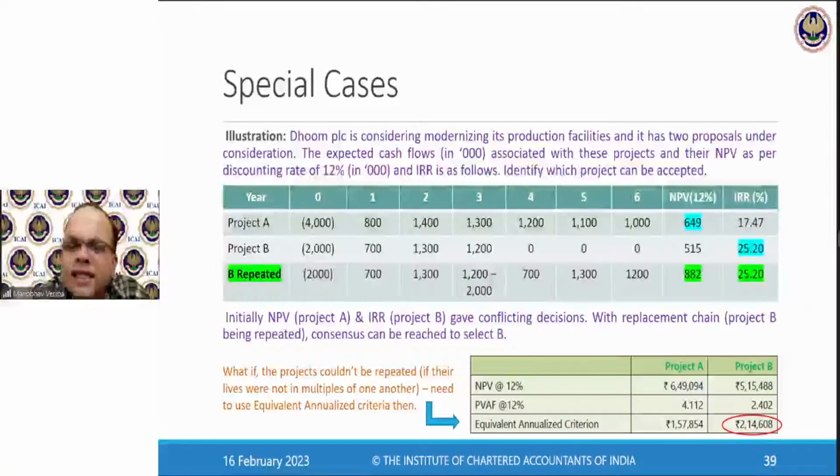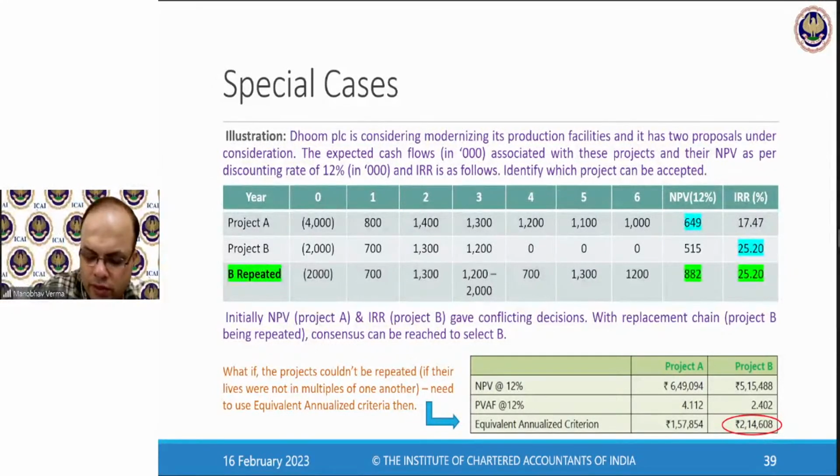Okay. So you can see the example on the screen now, guys, that project A is of 6 years, project B is of 3 years here. And you can see that there is a contradiction in the result. The shorter life project is preferred by IRR, 25.2 higher than the 17%, whereas project A is preferred by NPV.